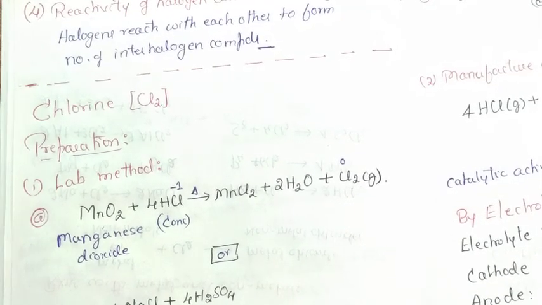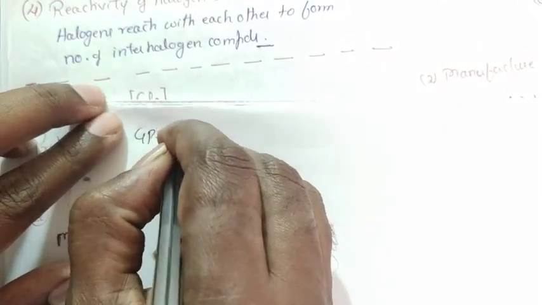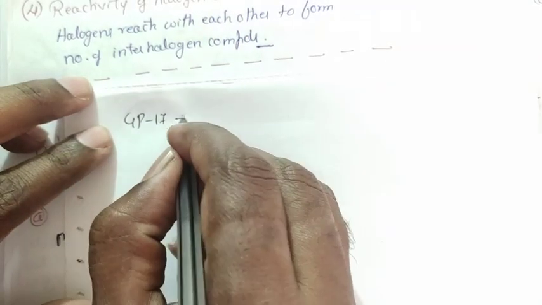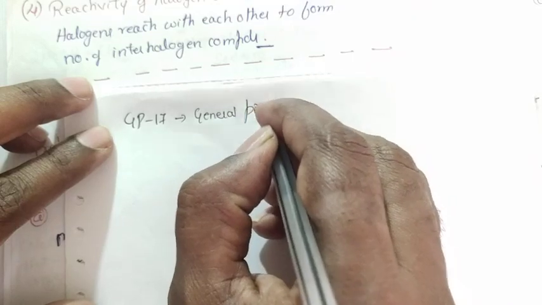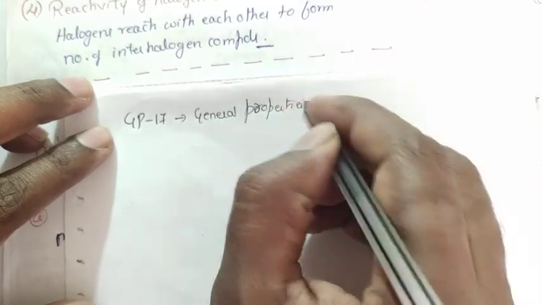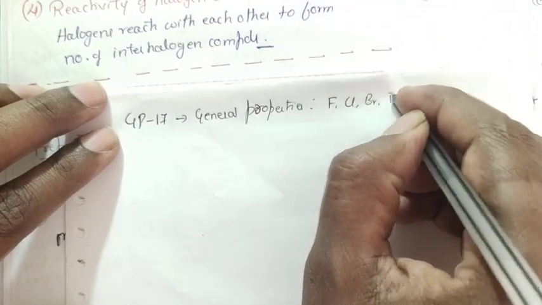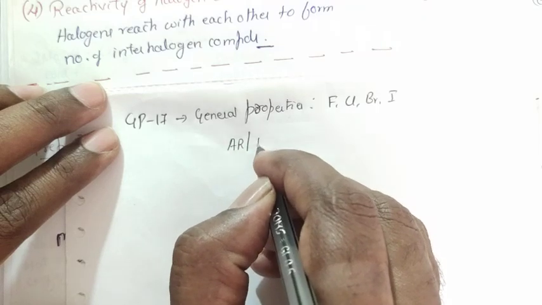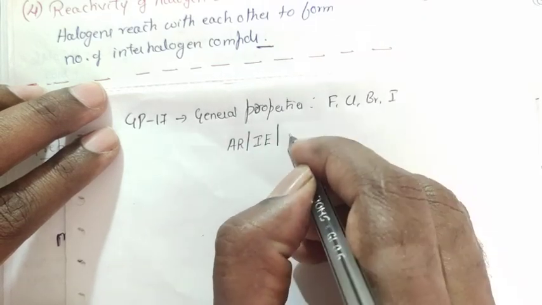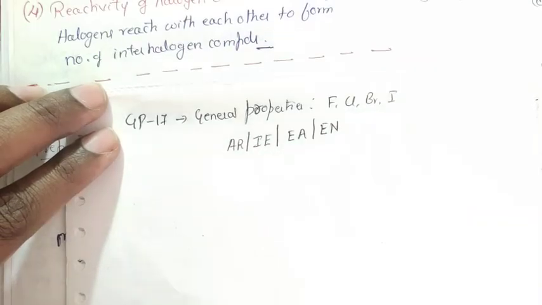In the last class I taught the general properties of group 17. In the group 17 chapter we have learned the general properties of the elements. What are those elements? Fluorine, chlorine, bromine and iodine. We have discussed atomic radius, ionization energy, electron affinity as well as electronegativity.